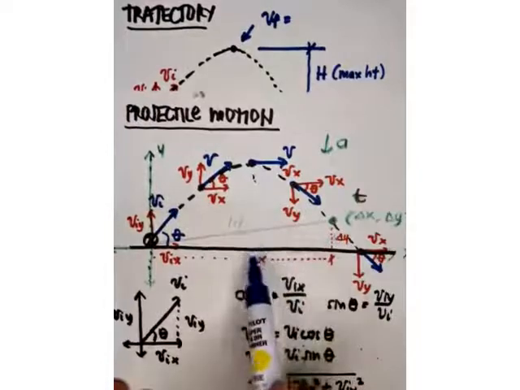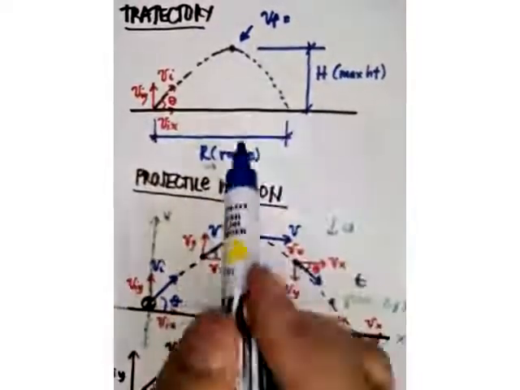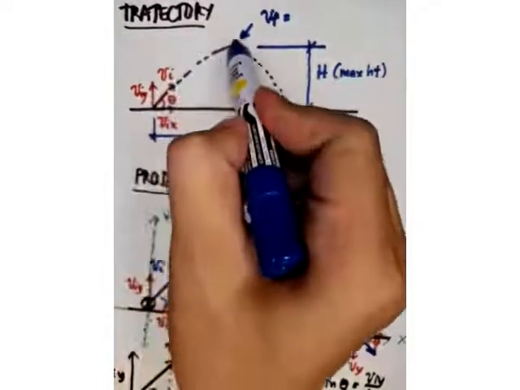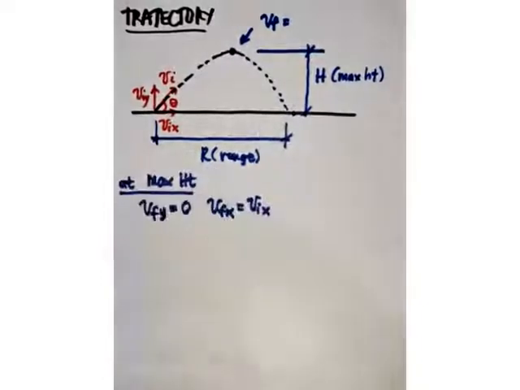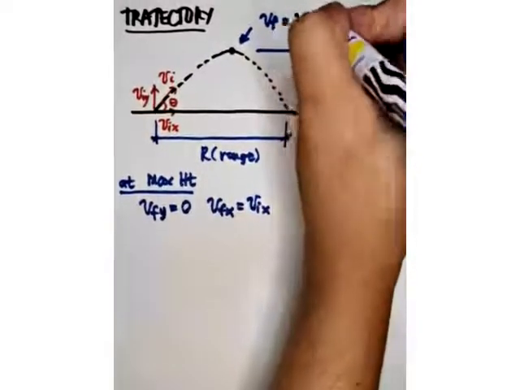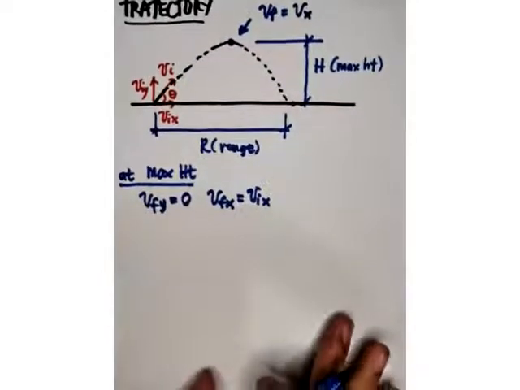Kaya nagkakaroon pa siya ng path dito kasi kagagawan yon ng x, dahil nagta-travel siya horizontally hanggang dito. Okay? Kaya yung final velocity at the maximum height is not equal to 0 but is equal to Vx. Okay? Vx.